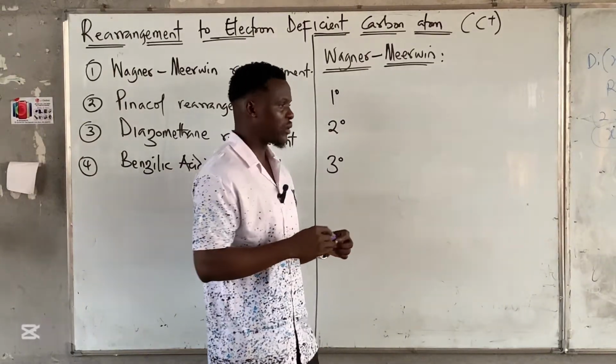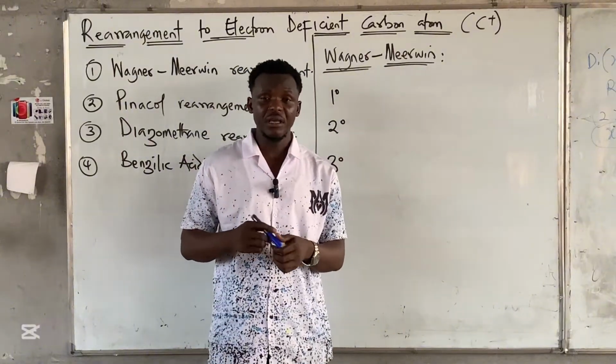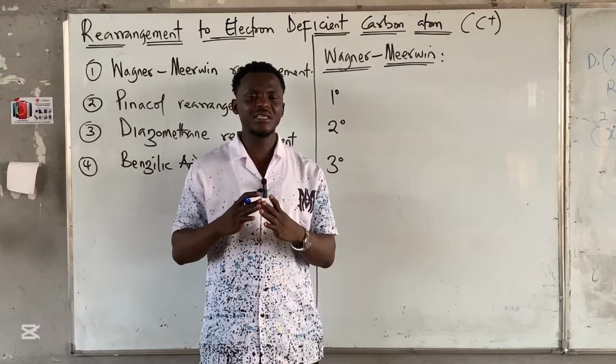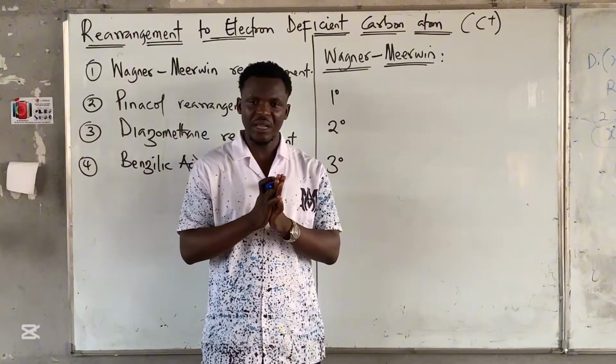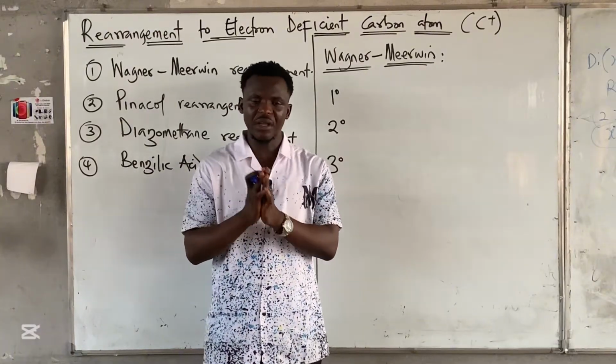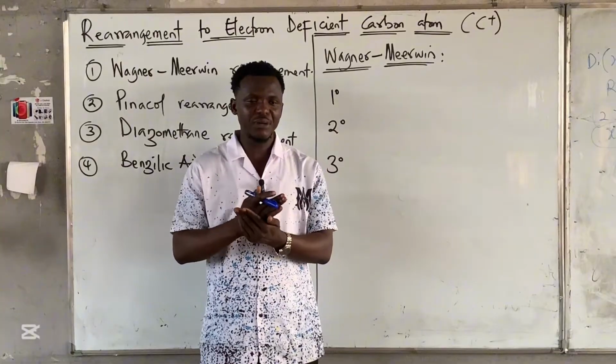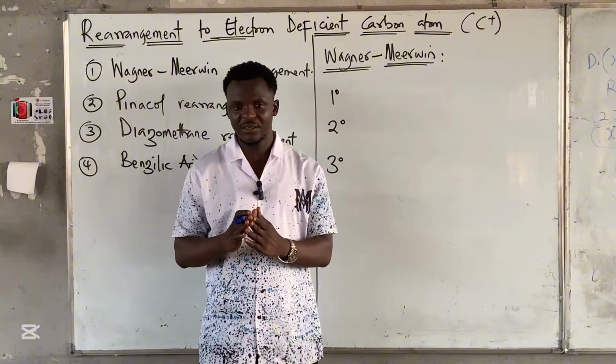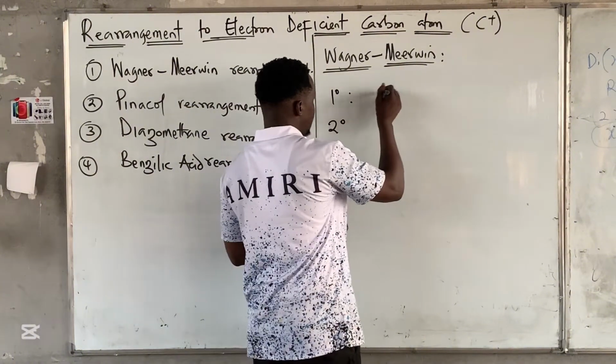And then that carbocation turns out to be a primary carbocation, right? And there is a possibility of that carbocation to be rearranged to secondary or to tertiary. The rearrangement is going to occur immediately, even without you noticing it. So first, what is a primary carbocation?